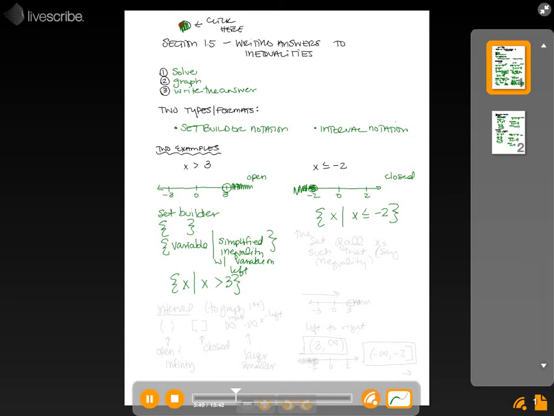When we set up set builder notation like that, the way we would read it is: the set of all x's such that, and then we say our inequality. The set is what the curly brackets mean. X's is our variable. The line means such that.